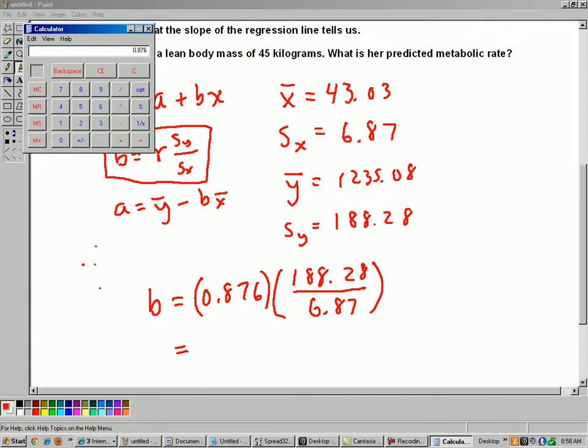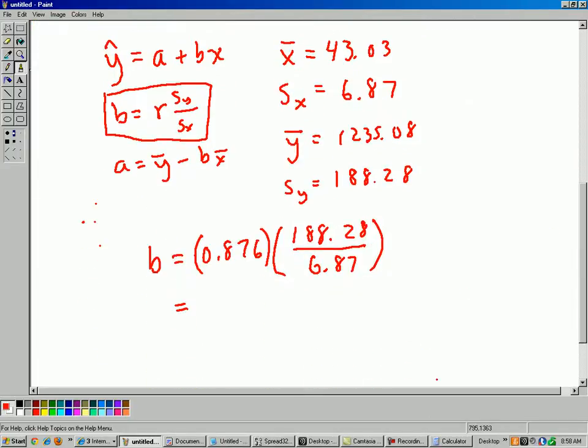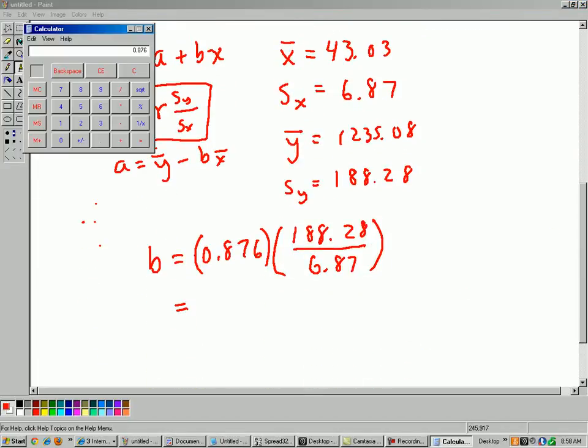It is 876, isn't it? Let's double check here. Yeah, 876. That's right. 876 times 188.28 divided by 6.87. Okay, so 24 points. How about 24.01? Round it off.